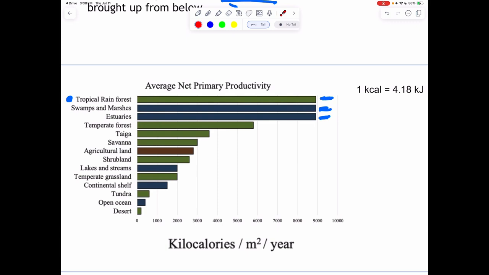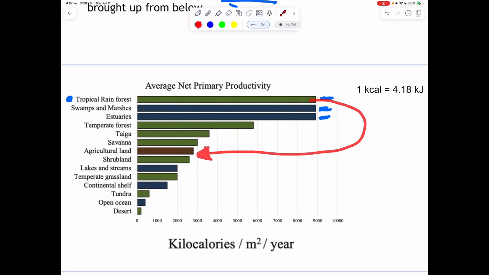Now, one thing I think is really interesting is that we often see tropical rainforests being torn down for agricultural land, so that people can grow their papayas, their corn, their wheat, whatever it is. We have to remind ourselves of the drop in NPP that happens when we take rainforest and burn it for agricultural land.